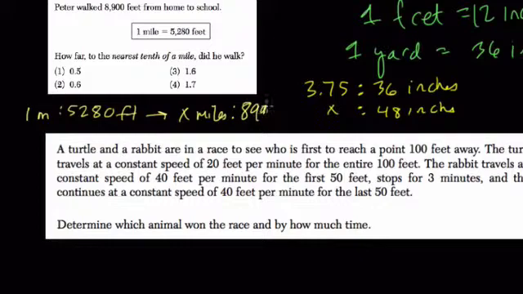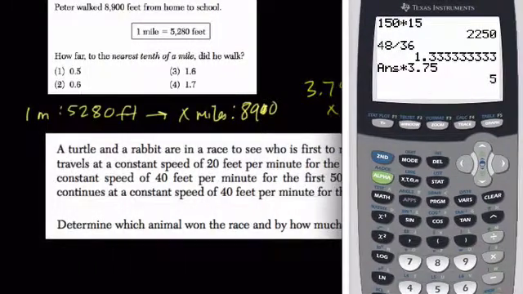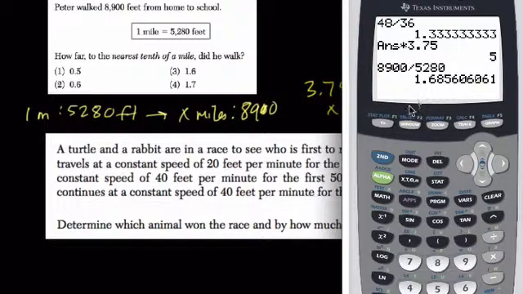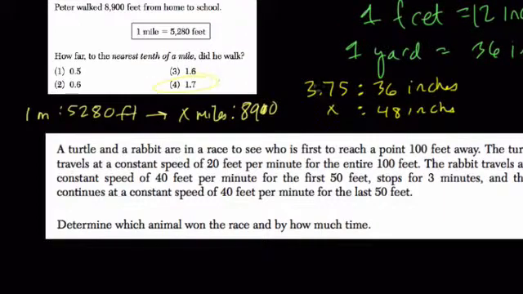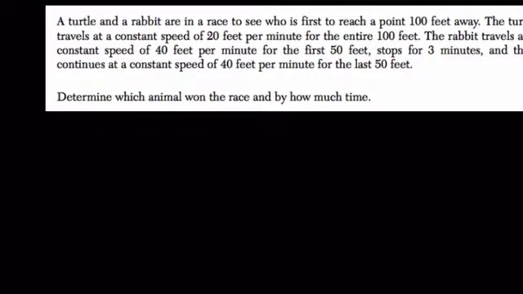So I want to find out how many times further I walked than a mile, and multiply that by 1 to get the number of miles. So 8,900, how many miles go into that? Divided by 5,280, it's about 1.685. So to the nearest tenth of a mile, 1.7, round up. Right? Choice 4.